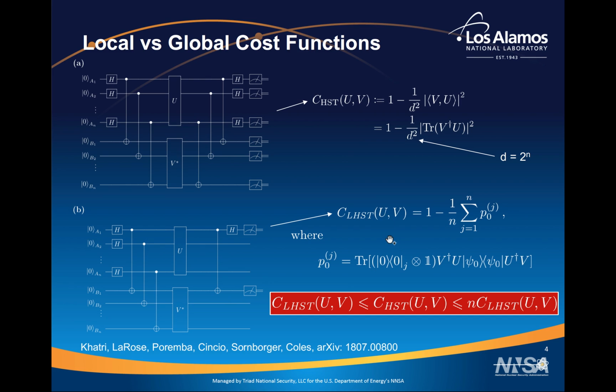In other words, where this cost function has a minimum, this one does. But notice that this factor is 1 over n, and so the landscape only decreases polynomially versus this exponential decrease. And so this avoids, to a large extent, barren plateaus.